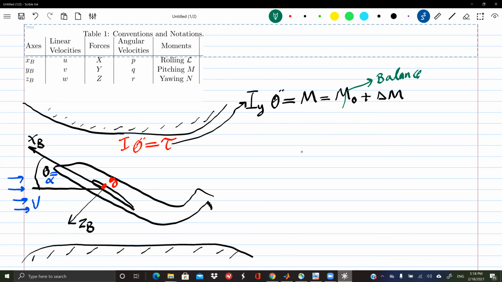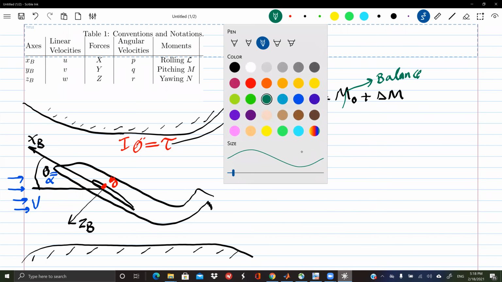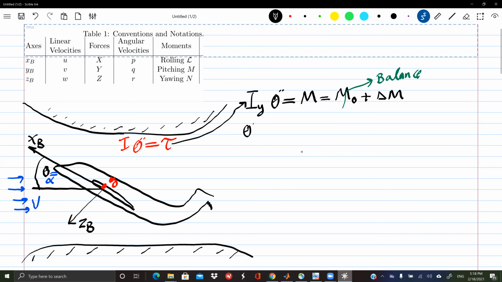Assume that the airplane was balanced at the beginning. So my equation of motion now is simply theta double dot equals delta M over I_Y. Folks, if you didn't study anything, just start fresh here and stop me anytime. This is really a general discussion. We're starting from a basic concept, MAE 80, that you have seen 2 years ago.